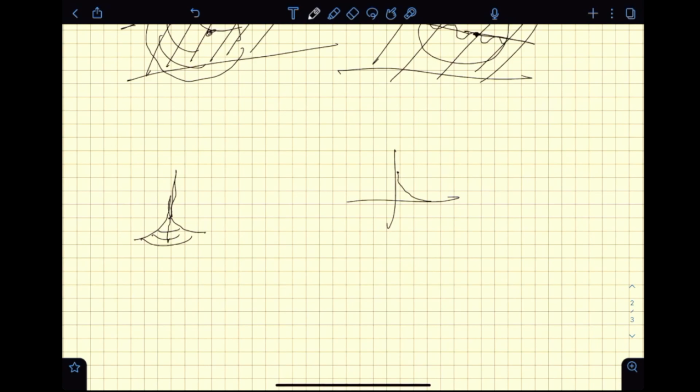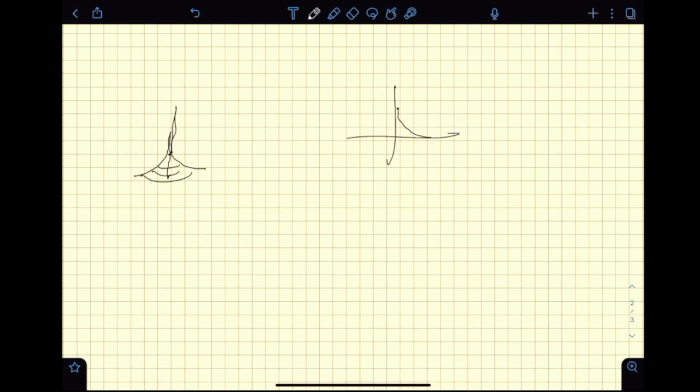Let me give you then an example of a surface that is connected. Suppose I had this.